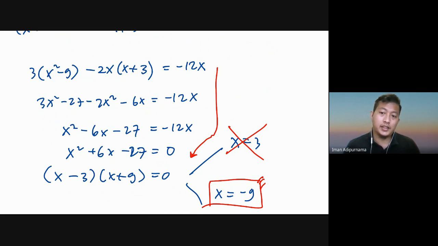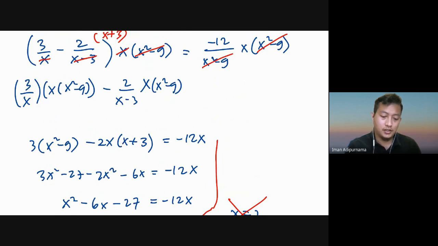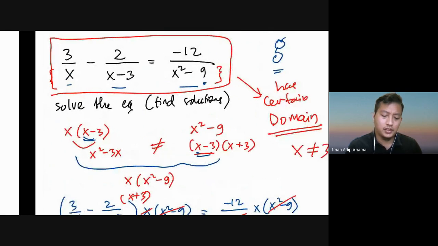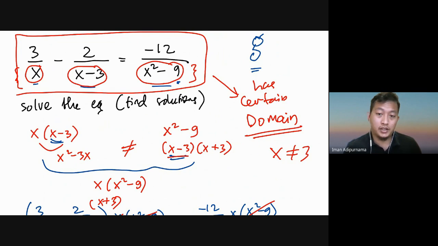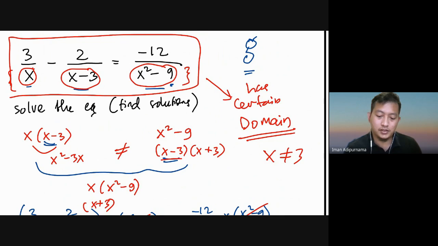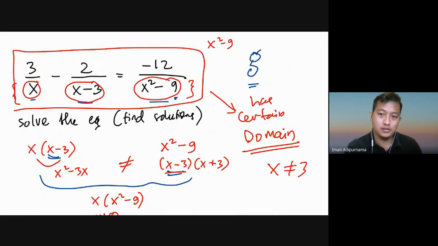Where did you get the x and x squared minus 9? You get it from here and here and here. It's what you need to multiply by to remove all of them. So first, you need to have x squared minus 9, right? And second, you need to have x. But do you need the x minus 3? No, because x squared minus 9 is composed of x minus 3, so it's all here.